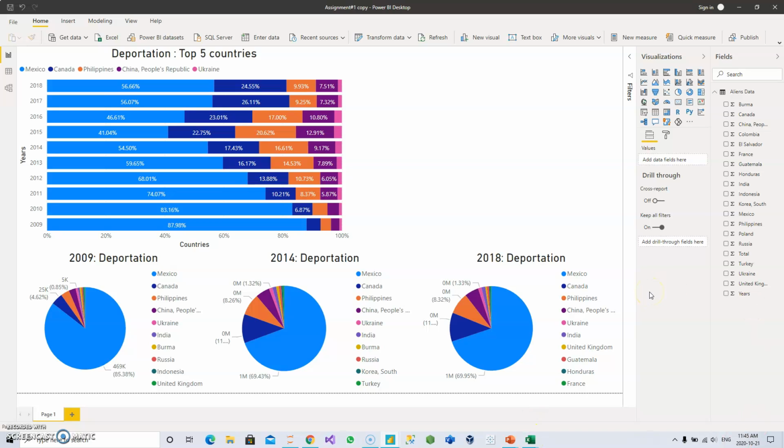So I have come up with these 4 graphs already. I will now do one more graph here.